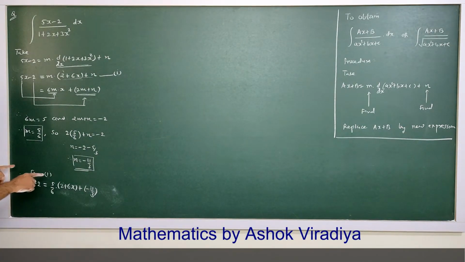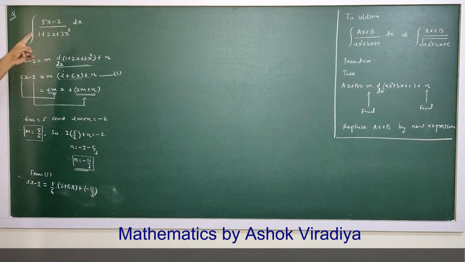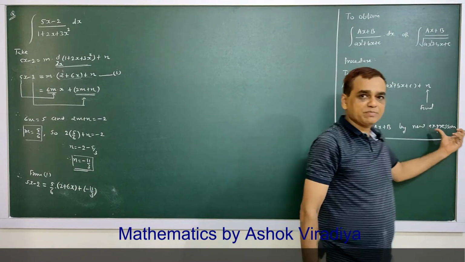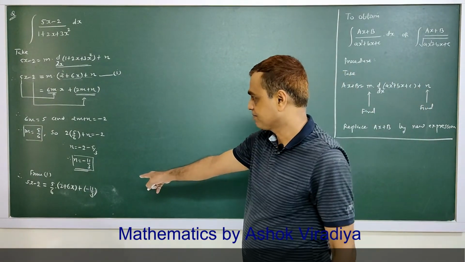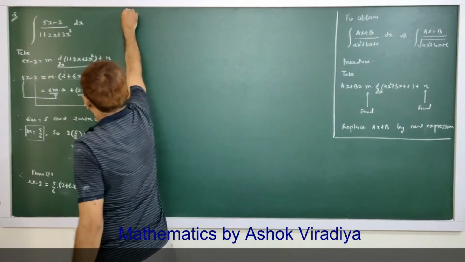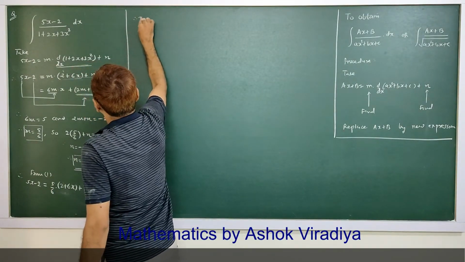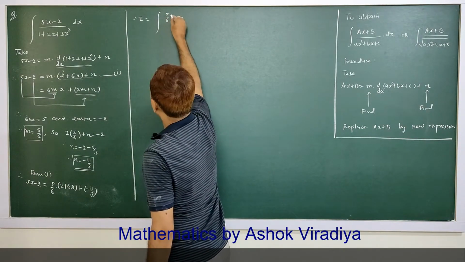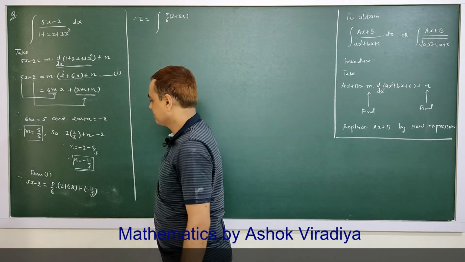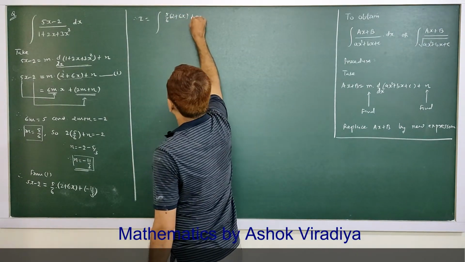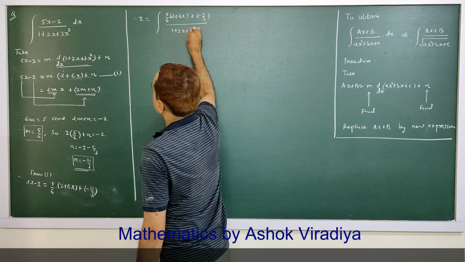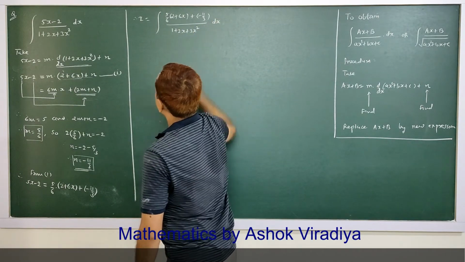So this is the value of the numerator. Now we replace the value of the numerator by the new expression. So this is the new expression. Therefore the integral is 5x minus 2 replaced by 5 by 6 into 2 plus 6x plus minus 11 by 3, upon 1 plus 2x plus 3x square dx.